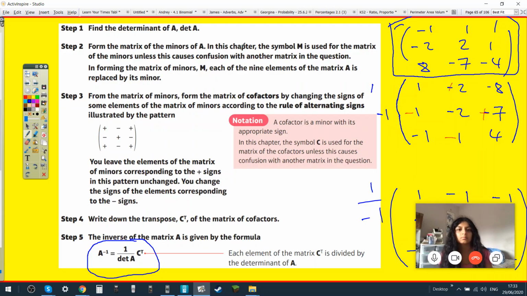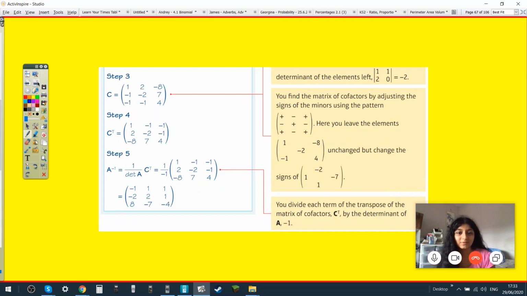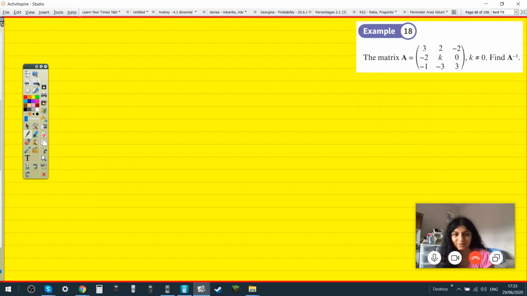Then from the matrix of the minors, no change, look at elements. You write down the transpose CT of the matrix of cofactors. All right. We'll just see how this goes. We have to do this every time? I suspect not.